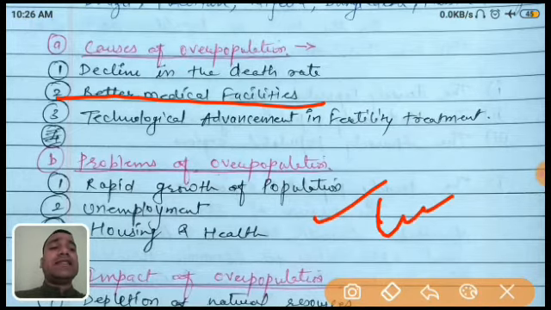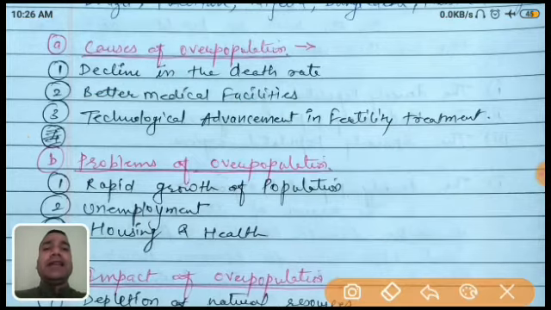And if the disease is not cured, definitely they will die. And if they die, the death rate increases, so the population decreases. Along with that, many children died at the time of birth. Even the mother also died because of carelessness or low medical facilities. I hope it is clear.